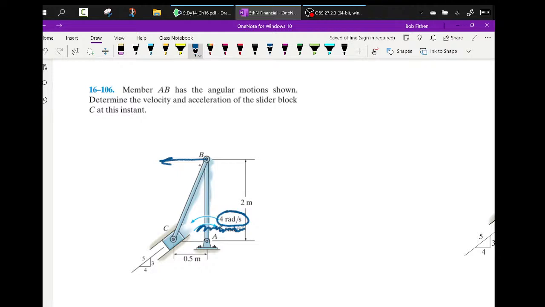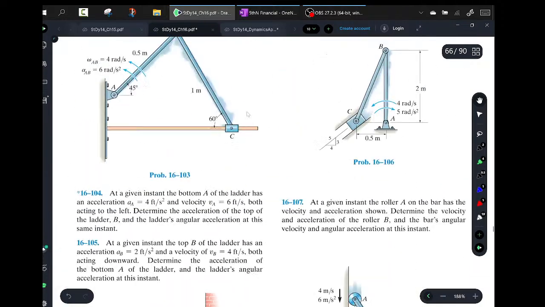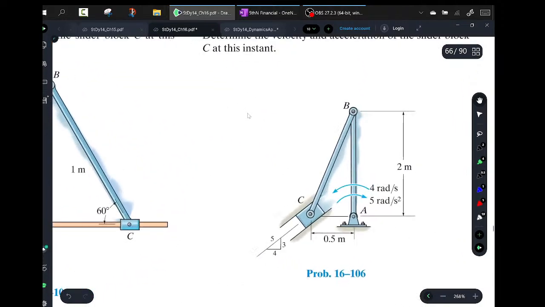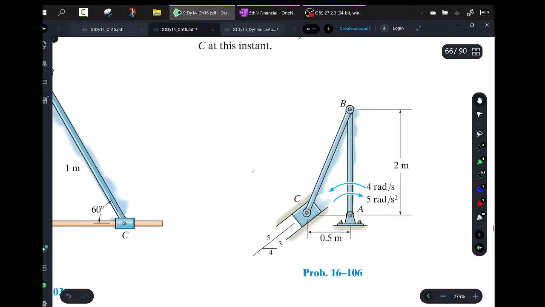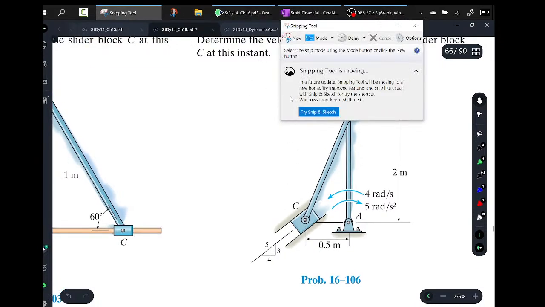What I'm going to do now is go back to the book and find this problem. I believe it's that one.